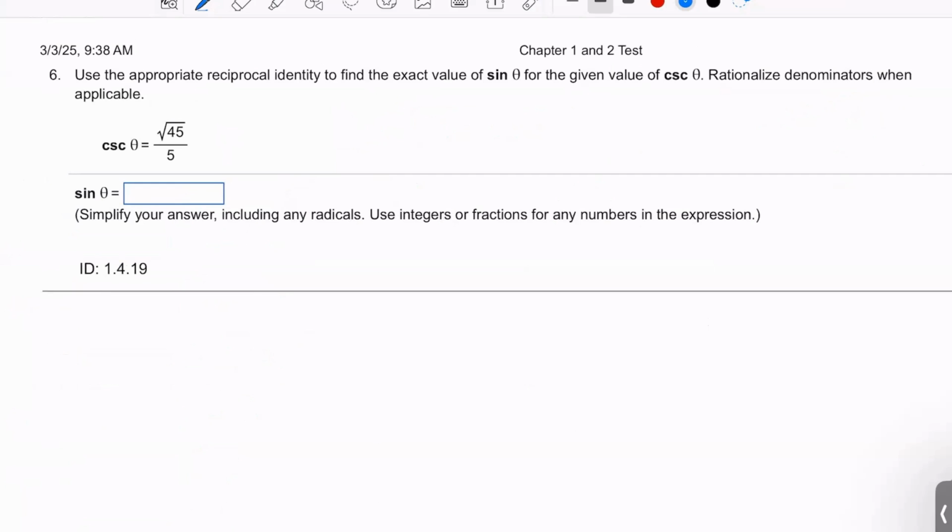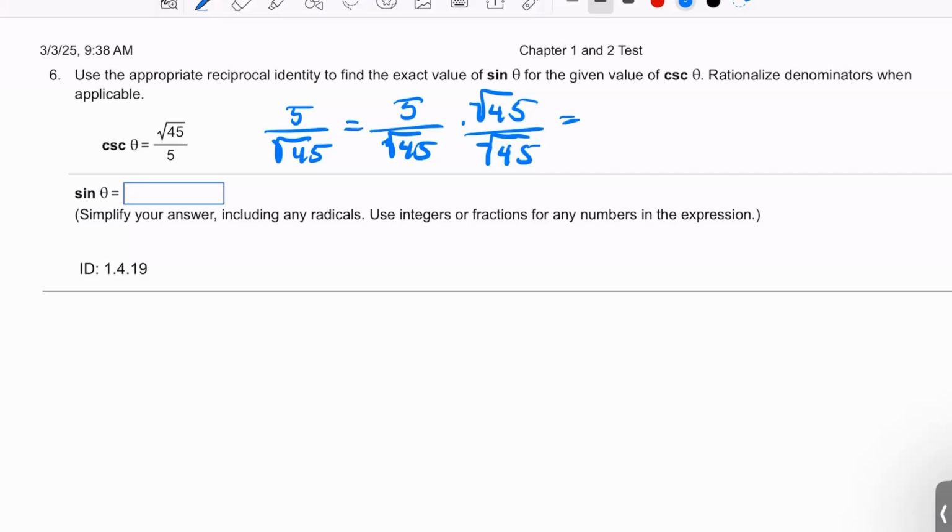We're given the cosecant of theta, and then we just need to find the sine of theta. Which is 5 divided by the square root of 45. And when you rationalize the denominator, you get the square root of 45 times the square root of 45.